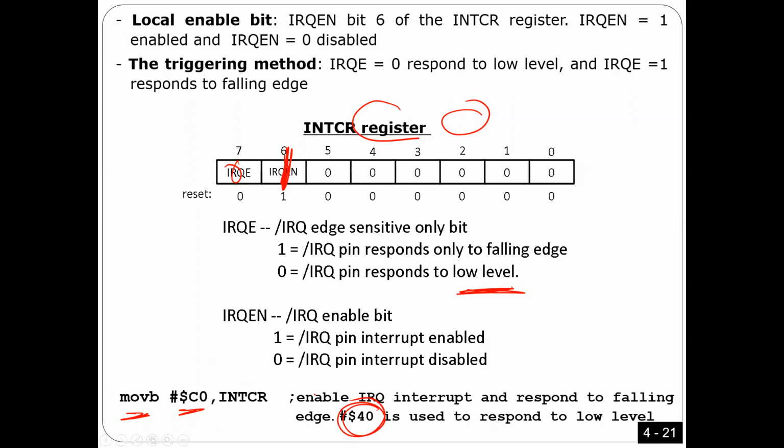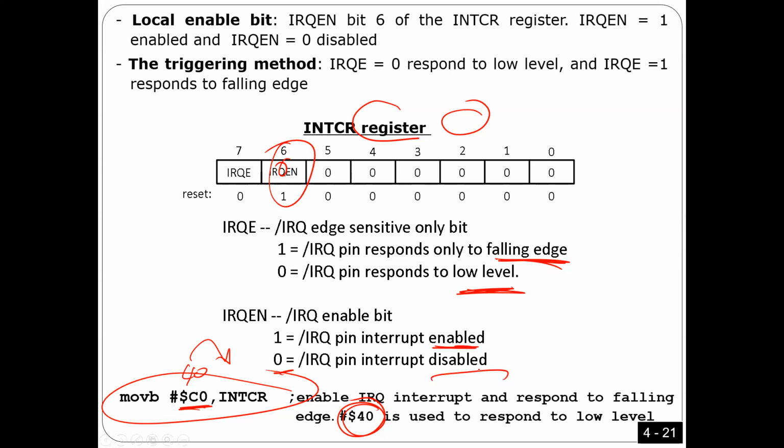So if you want to trigger interrupts for falling edge, you put C0, or you put 40 if you want to trigger interrupts for low level. Is that okay, guys? You just have to write this statement here. At any time, if you want to disable interrupt, just put 0 here. 1 for enable, 0 for disable.